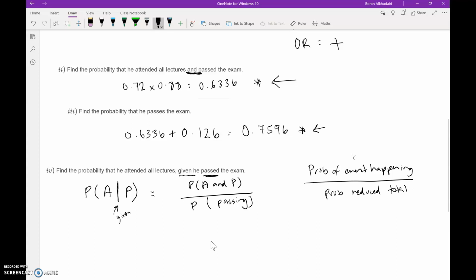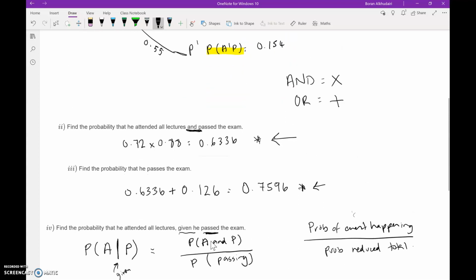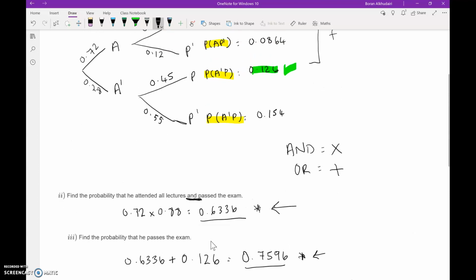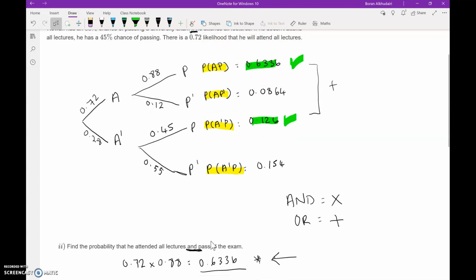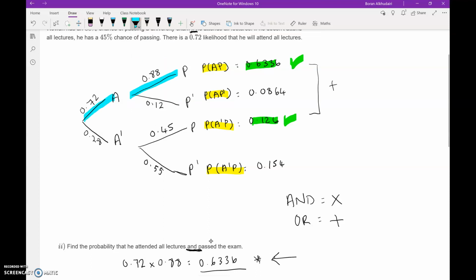So if I look back at my probability tree, which we don't really need to, we've already calculated everything we need here, but I just want to show you. So what we're putting right on top is the probability that he attends and he passes, so it's this probability again.